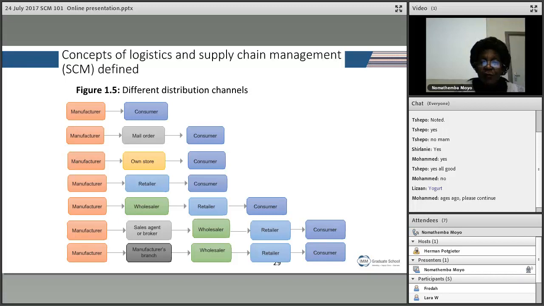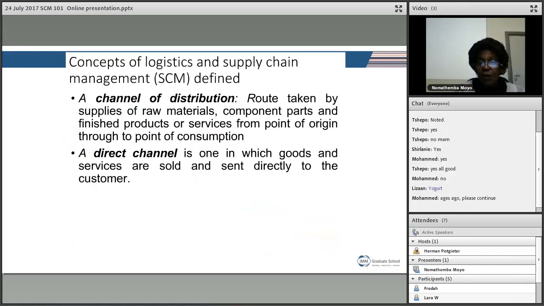It can be manufacturer to retailer to consumer; manufacturer, wholesaler, retailer, consumer; manufacturer, sales agent or broker, wholesaler, retailer, consumer; manufacturer, manufacturer's branch, wholesaler, retailer, consumer. So we have different distribution channels.